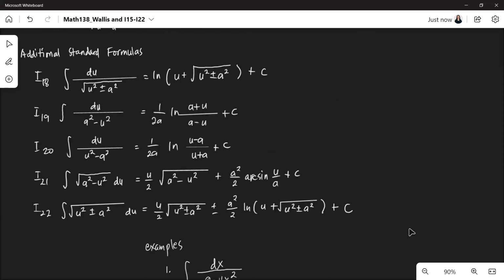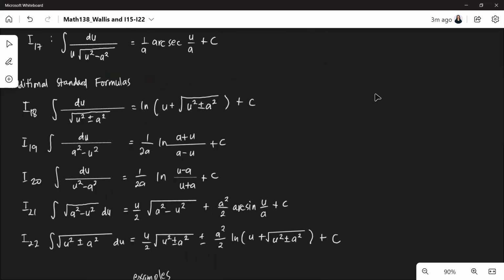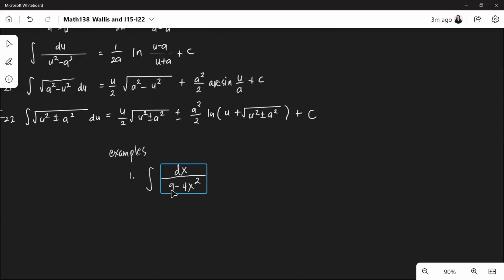So it needs to be in the form a squared minus u squared or a squared plus u squared. Basically it should be a sum or difference of two squares. All right. So our target is, there's no radical here. So 9 is a constant and 4x squared is a function of x.